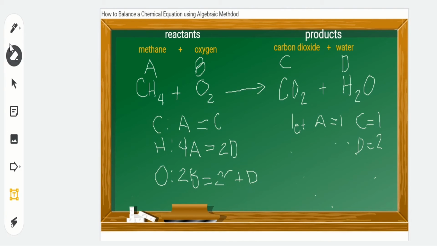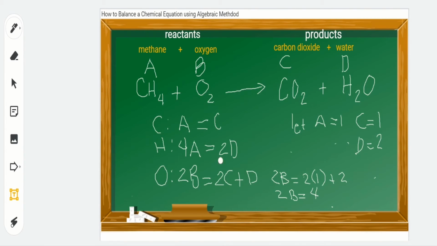Okay, 2B is equal to 2C plus D. So, substitute natin yung value ni C at saka ni D dito sa equation na ito para mahanap natin si B. So, sulat natin dito 2B is equal to 2 times 1, which is the value ng C, plus 2, yung value ni D. So, simplifying this is simply 2B is equal to 2 times 1, that's 2, plus 2, 4.